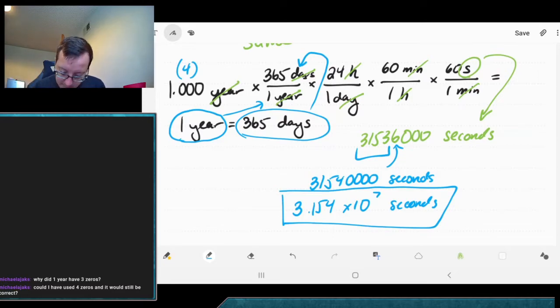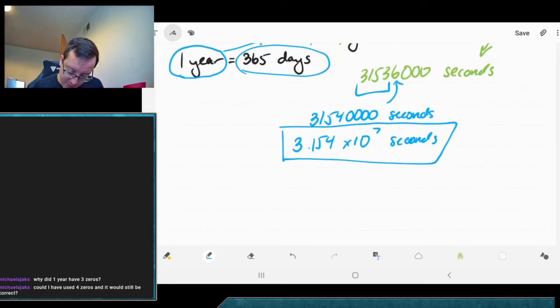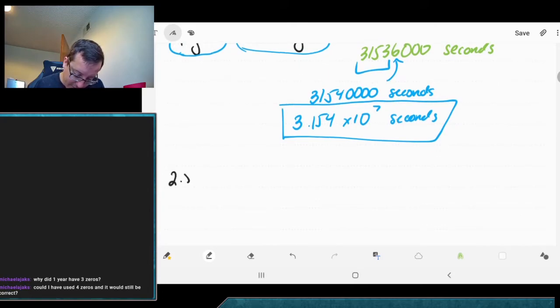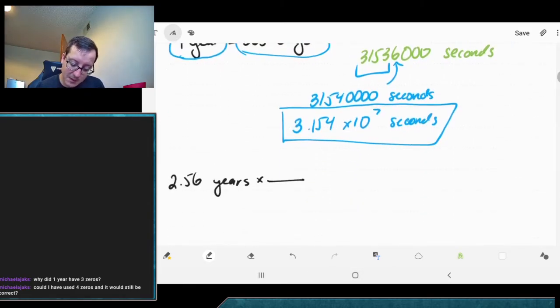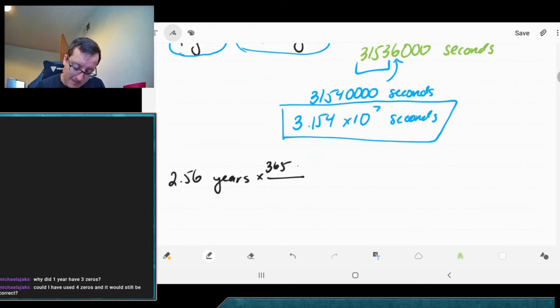So, let's take another example. I think that'll make it a little bit more clear. So let's do the same thing and say, okay, I have 2.56 years. So I've measured 2.56 years, or whatever, my magical clock that measures years. If I wanted to find that in seconds, we would do the same thing, right? We would write this all out again.